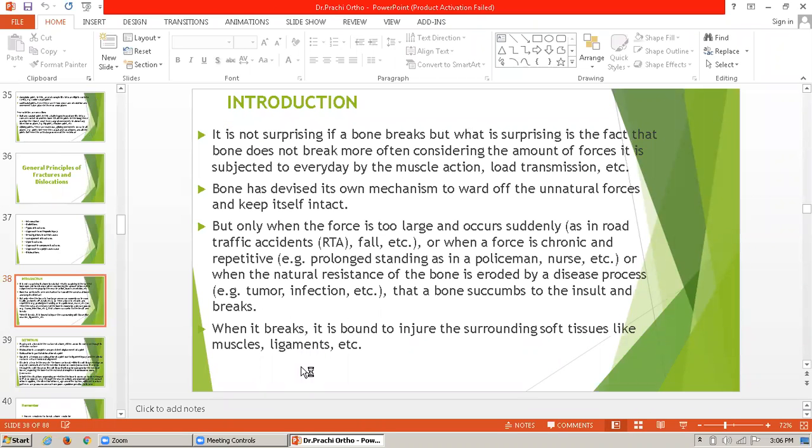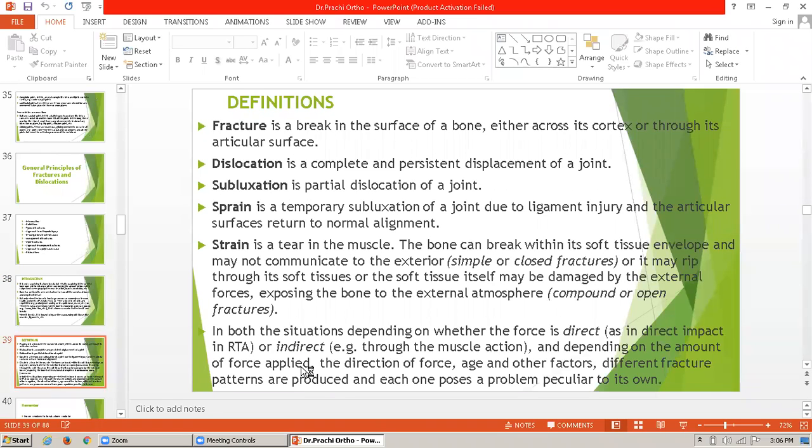We learned the introduction and definitions of fracture, dislocation, subluxation, sprain, and strain. A fracture is a break of any surface of the bone, either across its cortex or through its articular surface. A dislocation is a complete and persistent displacement of a joint.